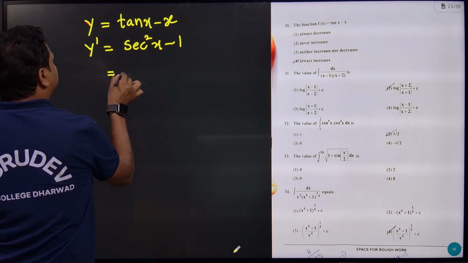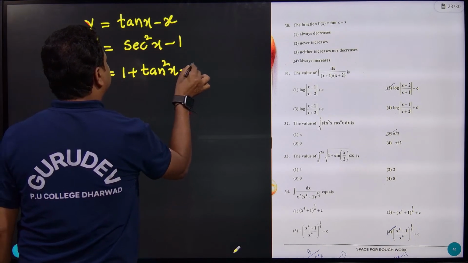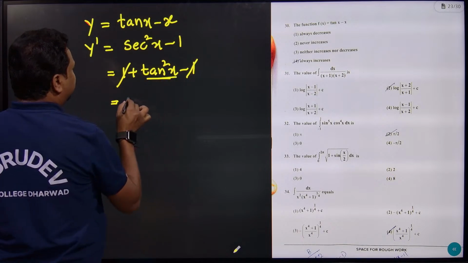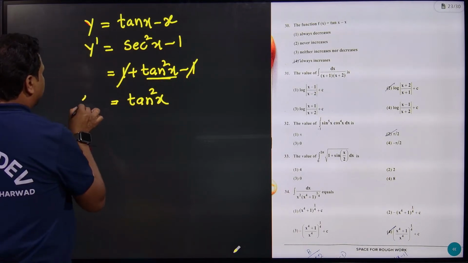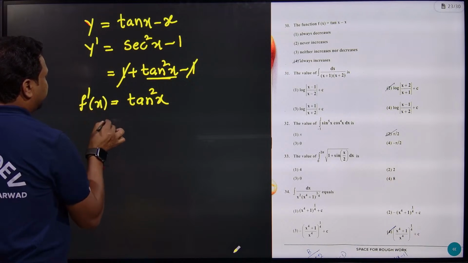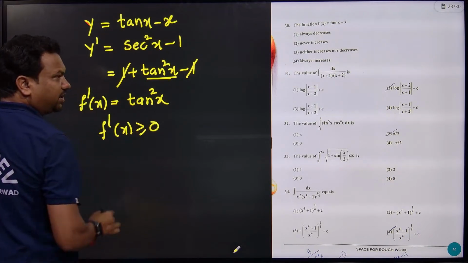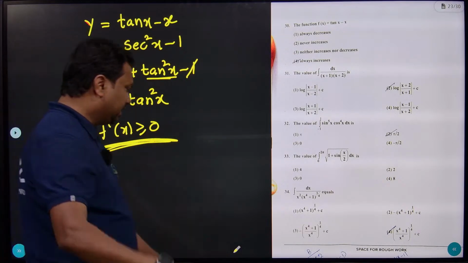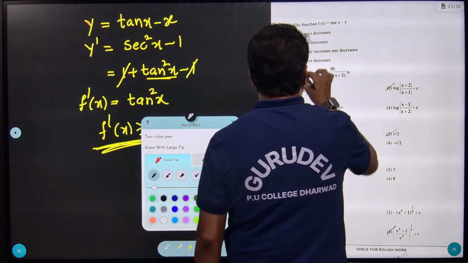Now what is secant square x? 1 plus tan square x, minus 1. So +1 - 1 get cancelled. Tan square x remains, so this is a perfect square. Therefore f dash of x is by default greater than or equal to 0. When f dash of x is greater than or equal to 0, the function is always an increasing function. I repeat, the function is always an increasing function.